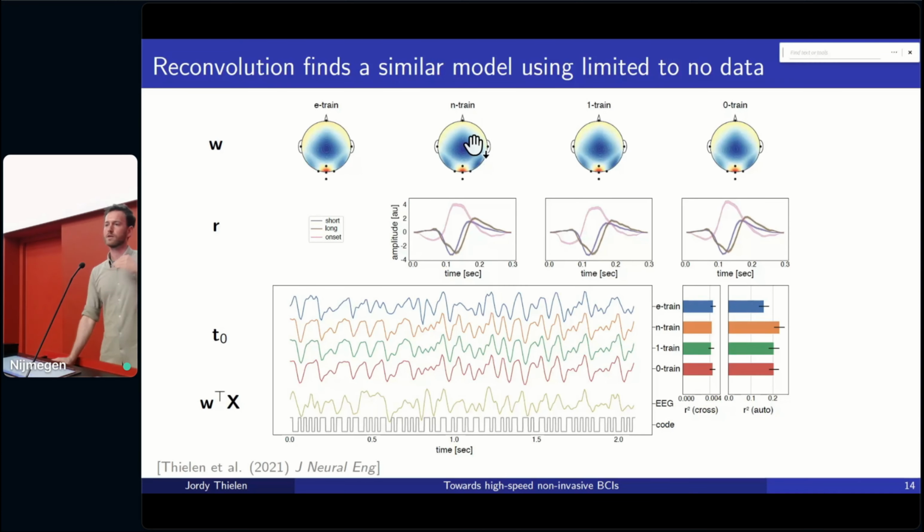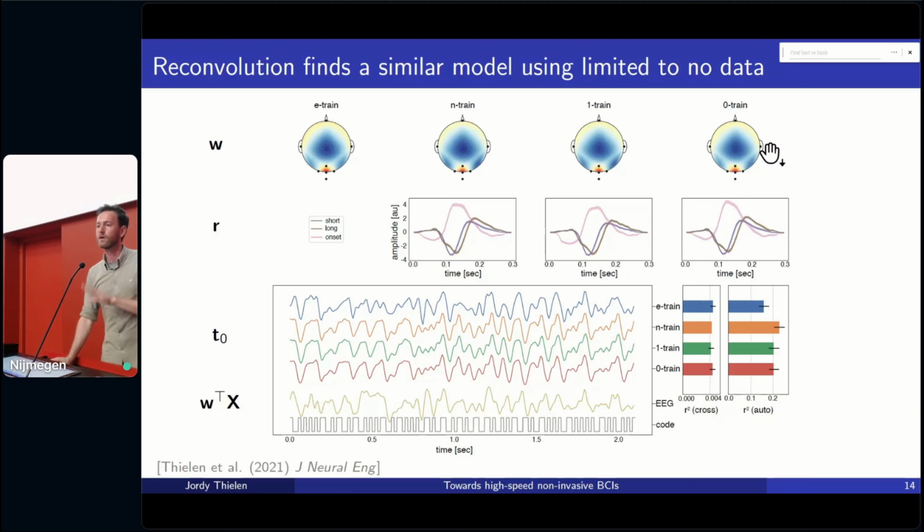So in N-train, we give it data of all N classes, 36. In one-train, we limit the training data to only one class, and it has to generalize to all the other classes. So this is providing the information: can it actually generalize? Okay. That's one-train. And then we have zero-train that just starts from scratch, like the last thing that I showed you. So it doesn't have information at the start.